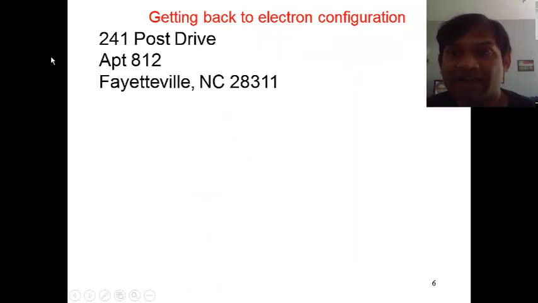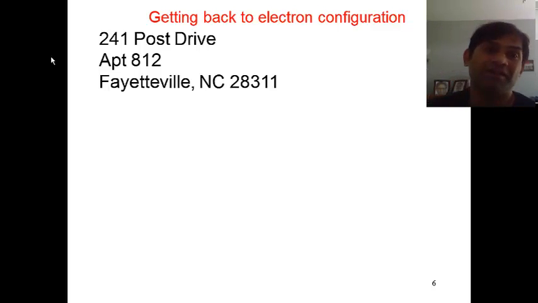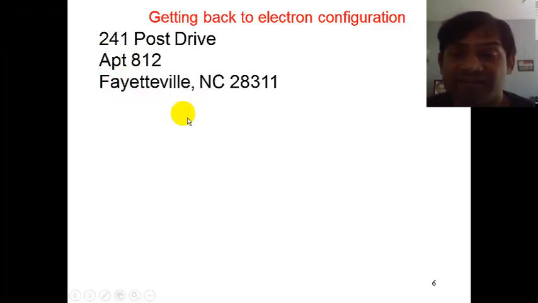So let's come back to electron configuration, which is what you'll be studying in this lab. I liken electron configuration to an address, or sort of the location of an electron that you're going to house within the atom itself. Remember, the atom is your nucleus and all those orbitals that surround the nucleus. So here's an address. This is my address, 241 Post Oak Drive, the apartment, city, and zip code.